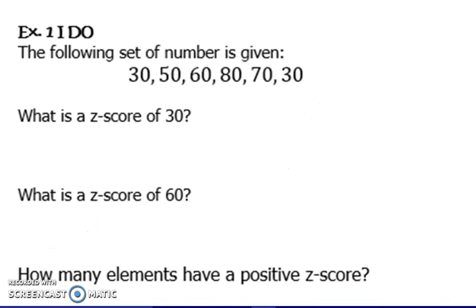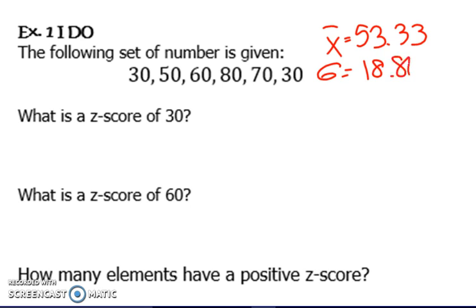If we look at example 1, the following set of numbers is given. First of all, we would use our calculators just like we've been doing. Find our mean and find our standard deviation. Our mean is 53.33 and our standard deviation is 18.86.